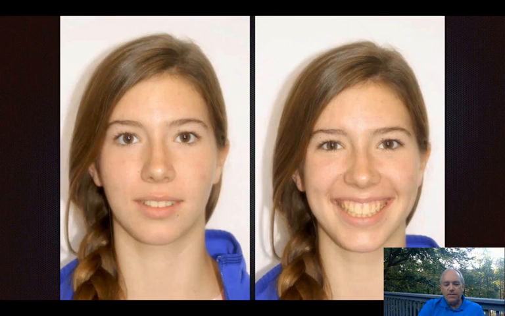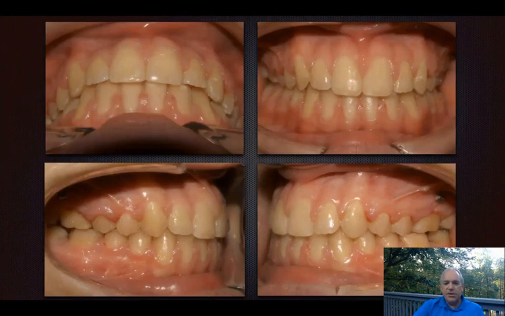Another case from Doug, again, a post-op, somebody who's just coming out of the braces, their tissues are a little bit irritated. We'll see this in a few weeks after she's cleaned up. But what I want you to appreciate post-orthodontically is just what we've talked about, how we've got good contact in the front, how we have that good transverse relationship where the lower buccal cusps are landing properly.